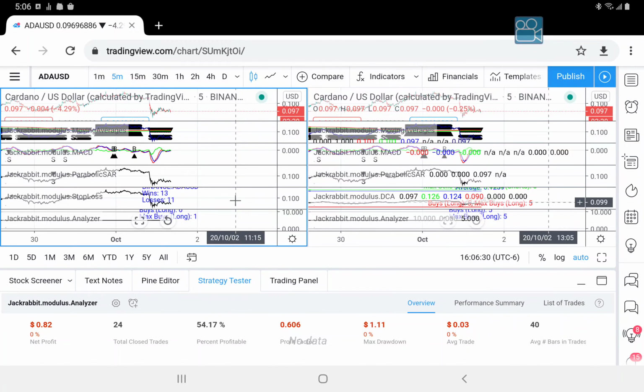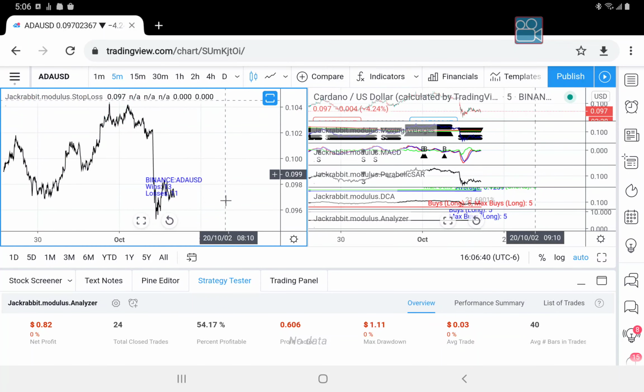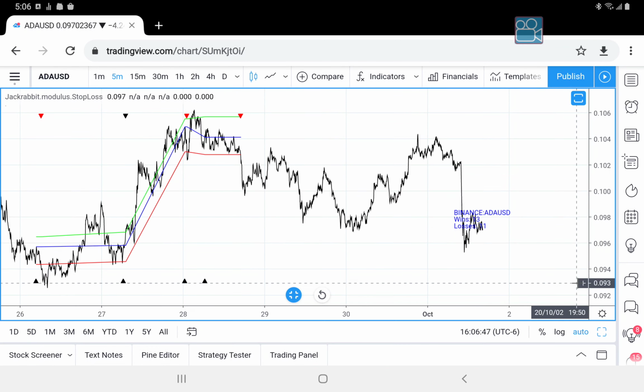But before we get into this too deeply, first I need to make sure a few points are very clear about the stop-loss module. First and foremost, this module is not a trailing module.